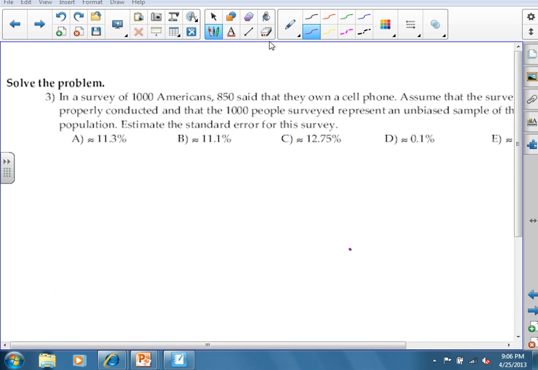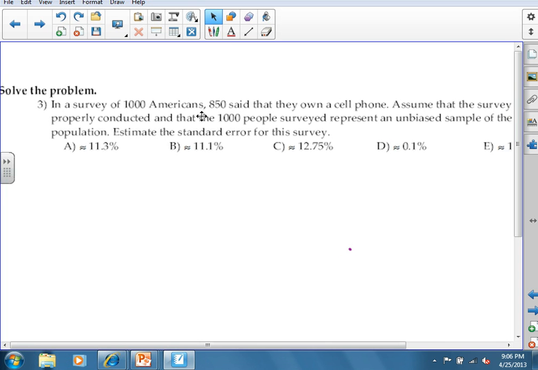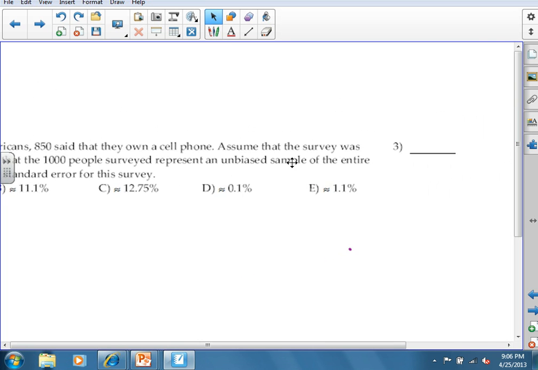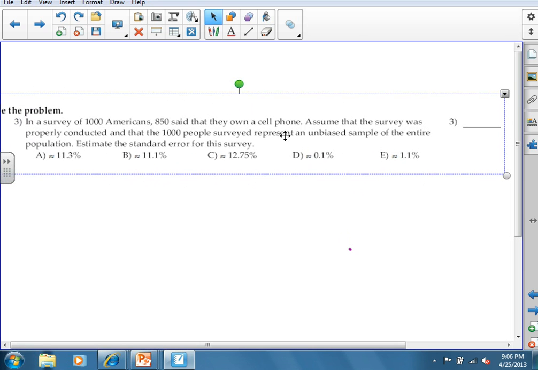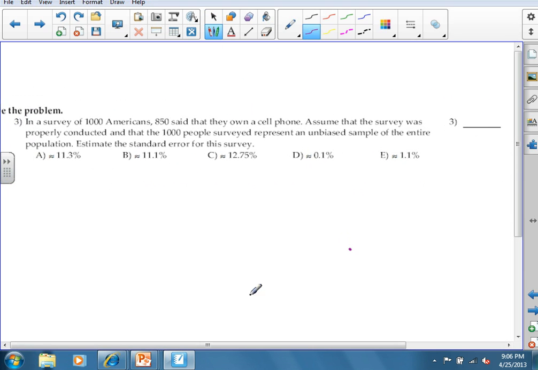Anybody got a good answer to 3? We don't even have all the 3 here. That's better. Cell phones. 1,850 said they own a cell phone.